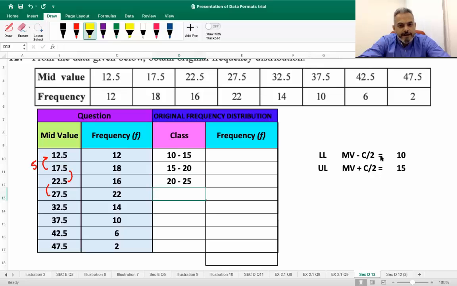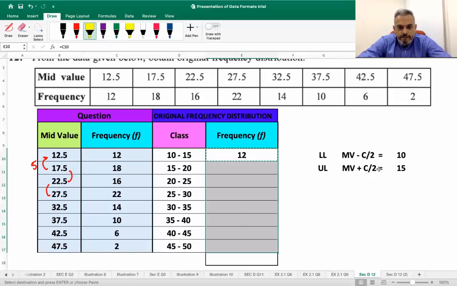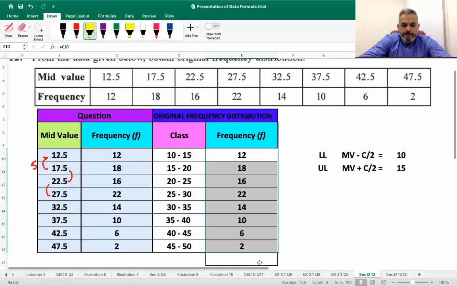Cross verify कर लेने का एक दो class. You can cross verify 20 to 25 is 45 divided by 2 is 22.5. 25 to 30, 30 to 35, 35 to 40, 40 to 45, and 45 to 50. So done, and then the frequencies, write once again, and the total is 100.